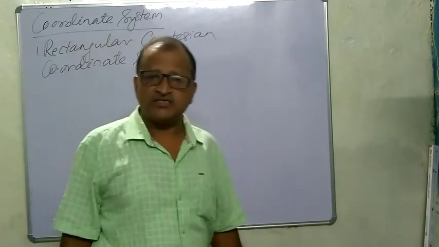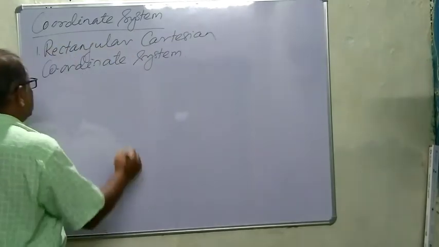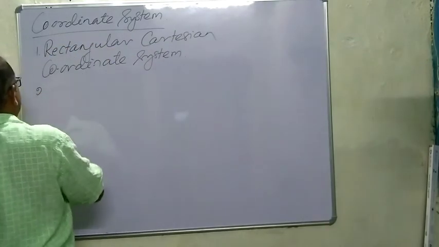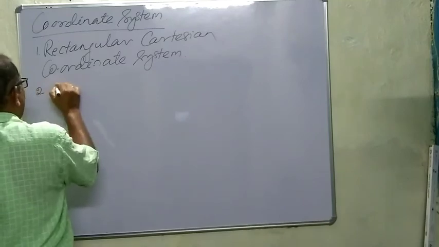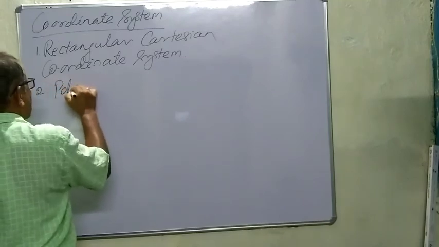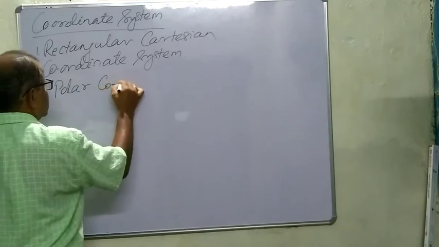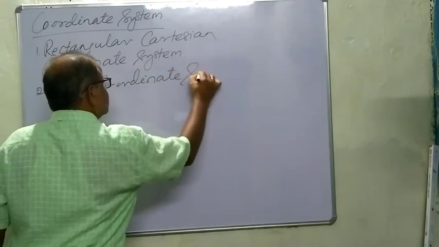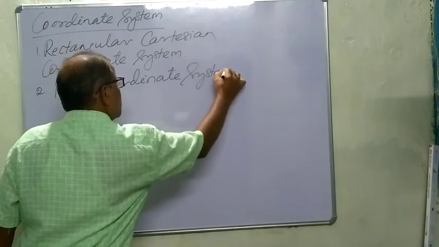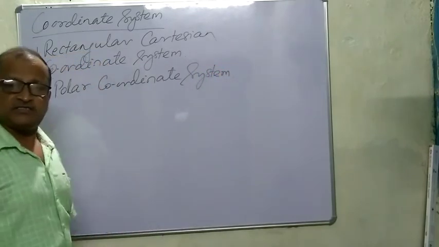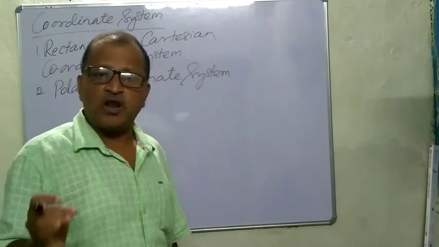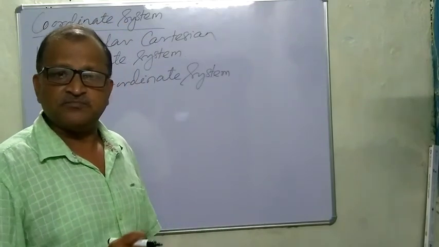Rectangular Cartesian, what is this? Number two, we'll read it: the polar coordinate system. Cartesian coordinate system, polar coordinate system.